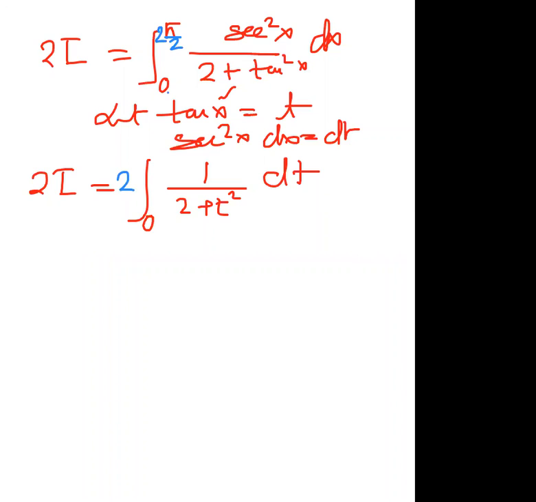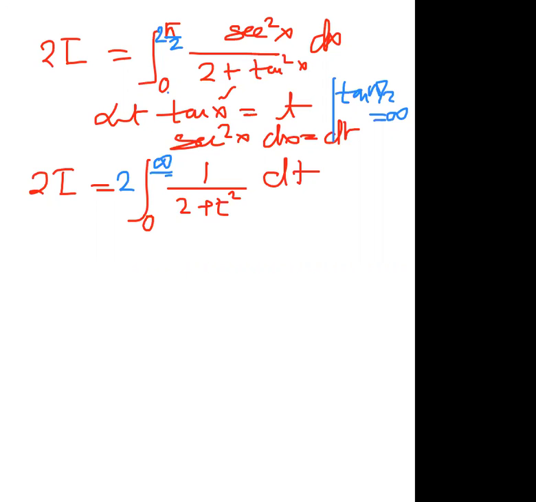A means pi by 2, and then we put tan pi by 2. So tan pi by 2 will be not defined. So the limit will become not defined over here.